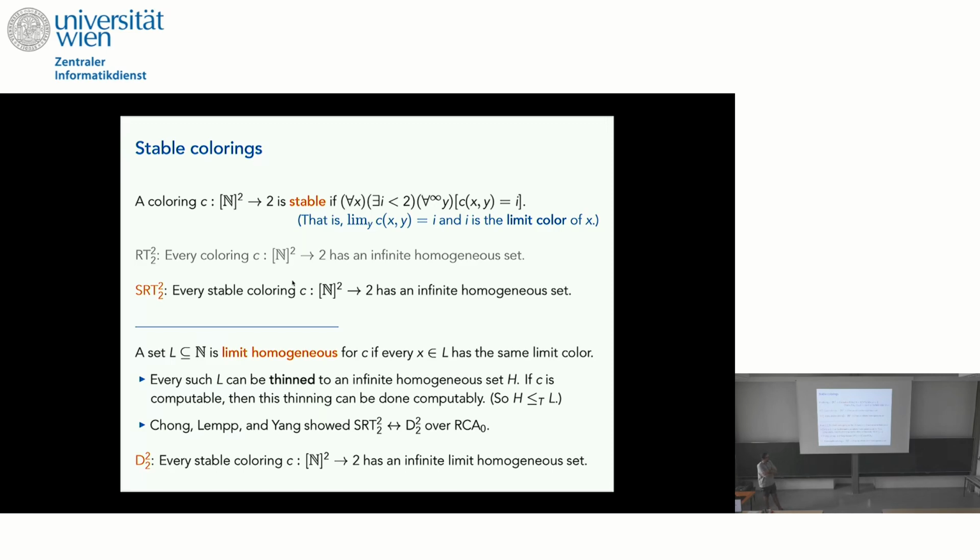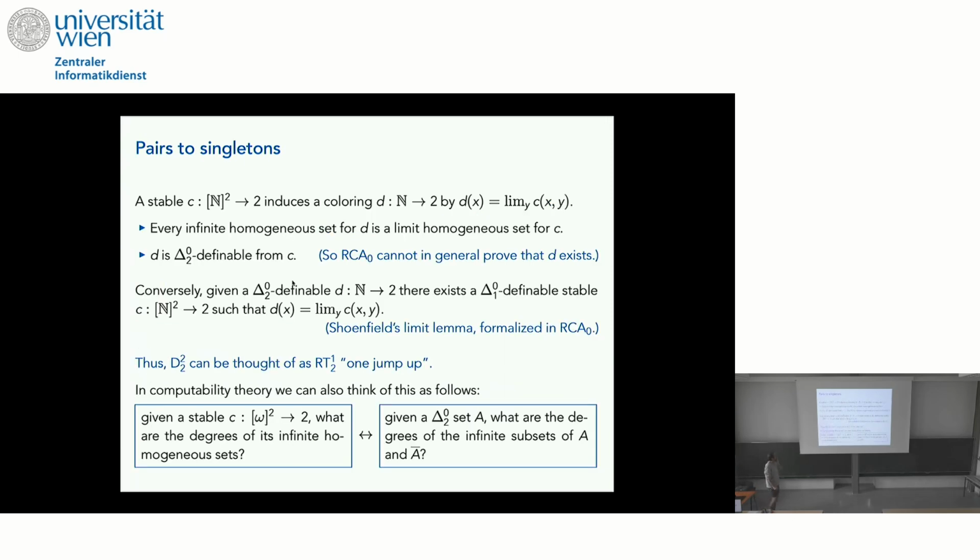It's this paper of Chong, Lempp, and Yang. Okay, but it is true. They are equivalent. A priori, you might think you need B sigma 2 or something like that. But in fact, you don't. Okay. So why is this useful? Well, suppose we have a stable coloring of pairs, then we can think of these. Yes, Andrea.